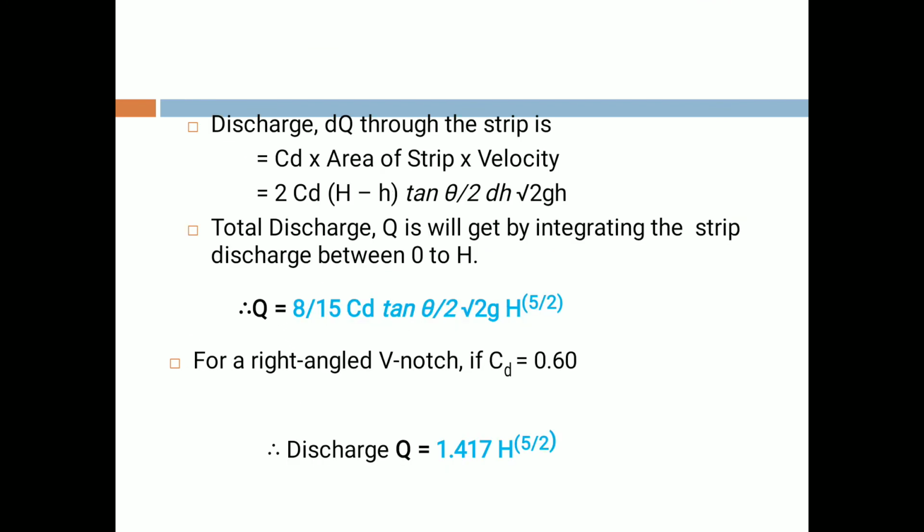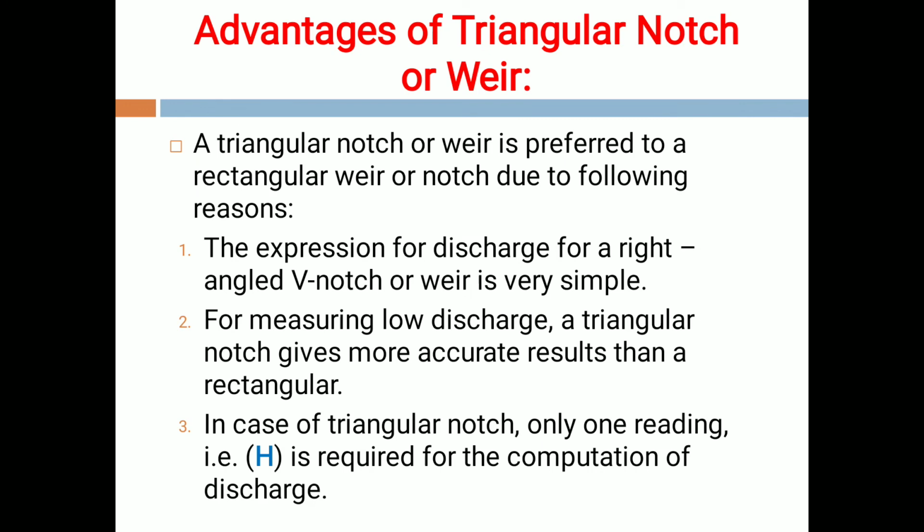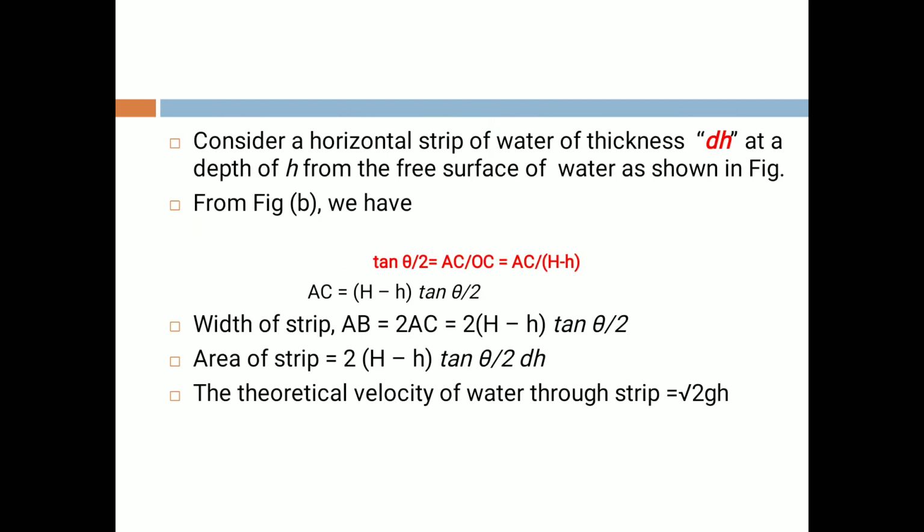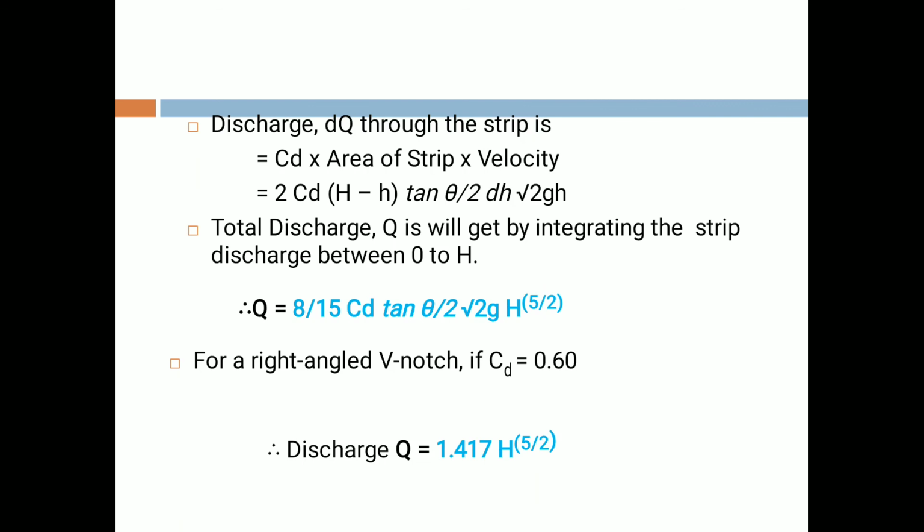In the next lecture or next video we will see the advantages of the triangular notch over a rectangular notch or weir. So, we will meet in the next video with the advantages of triangular notch or weir over the rectangular notch.